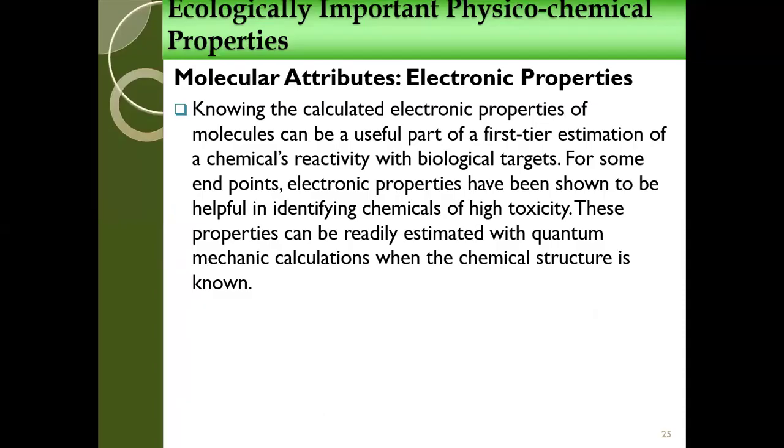What we have before us here is that if you can calculate certain electronic properties of molecules, it becomes very useful for estimation of the reactivity of that chemical with biological targets.